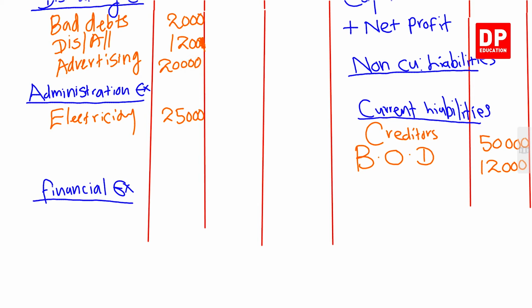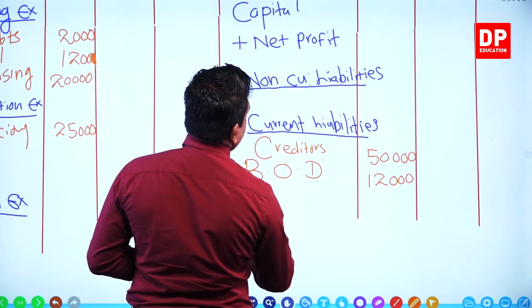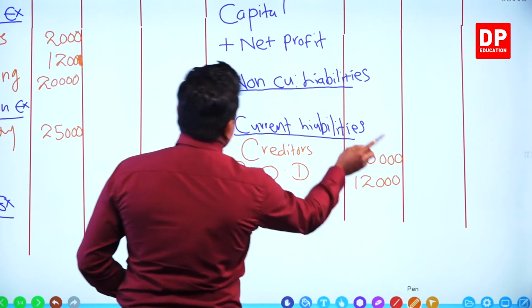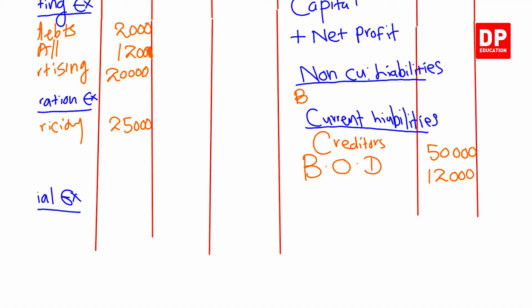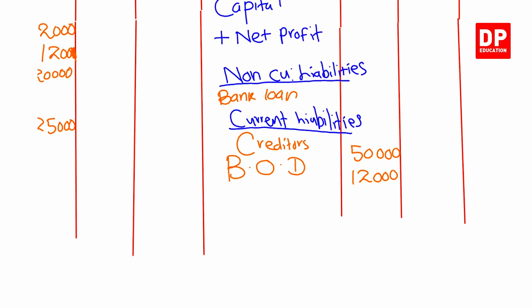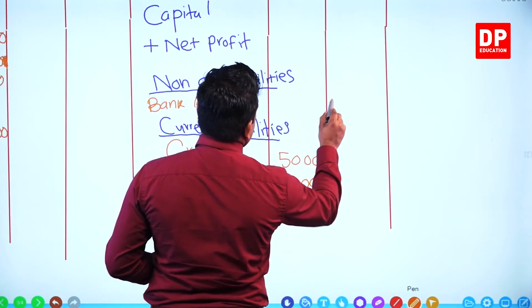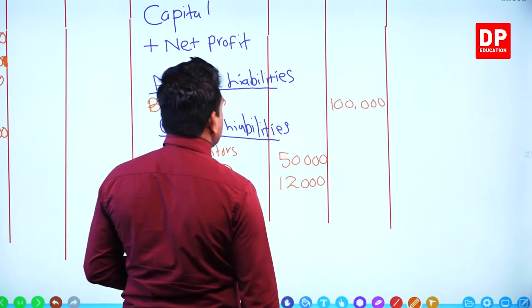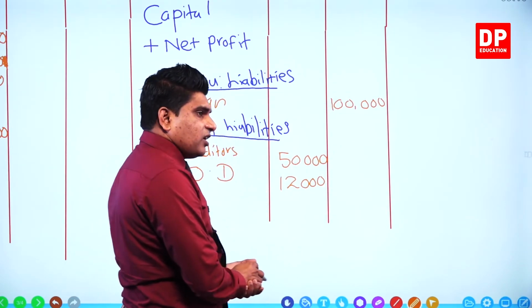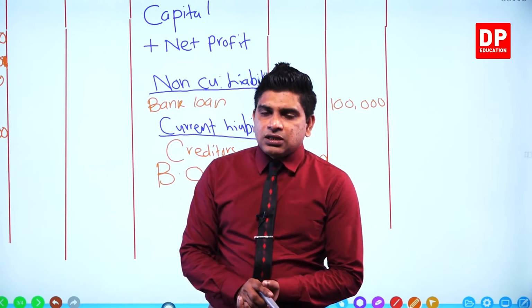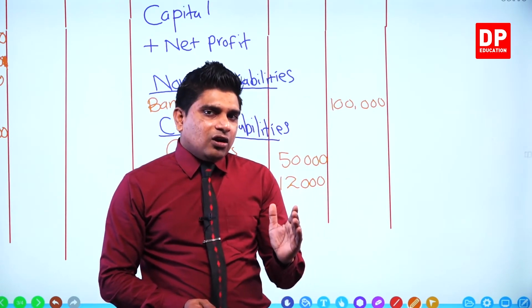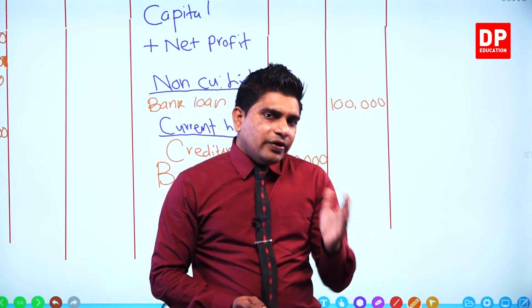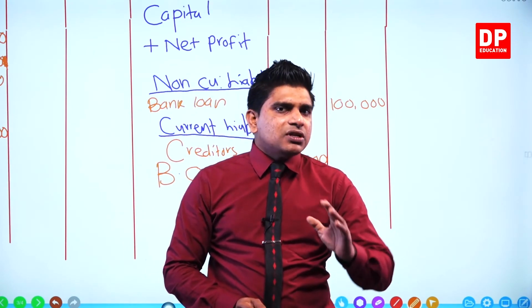Bank loan 100,000, non-current liability. It goes to the corner because only one is there. If there are more, we can write in the first column and get the total to the second column. But there's a problem. 8% bank loan, 10% bank loan, 15% bank loan, 20% bank loan.